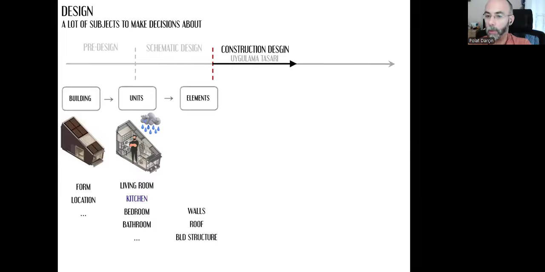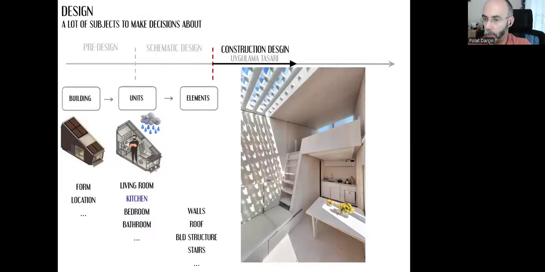What kind of walls, what kind of a roof or building structure, stairs are we going to design? And all of these decisions about the stairs, the floors, and the roof can be based on our previous decisions about the building mass and units. We need to figure out what kind of a roof we need to design so that the building will look like this, and so that the building will provide necessary protection for the user.